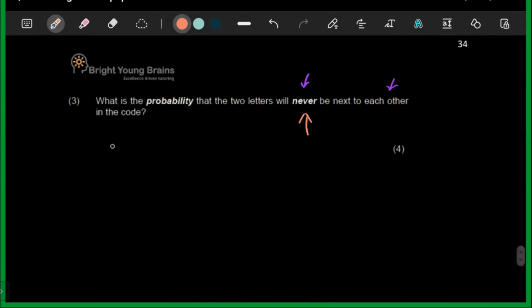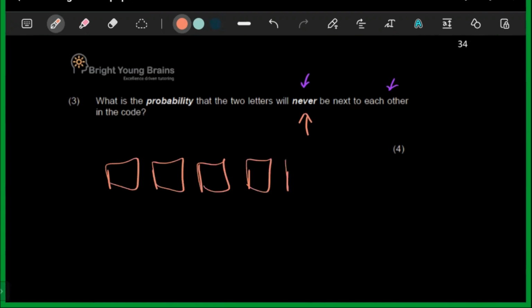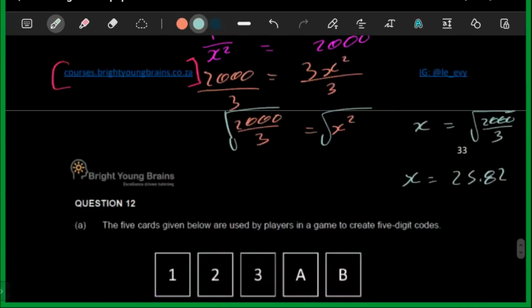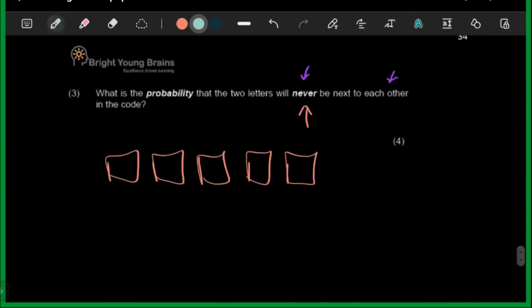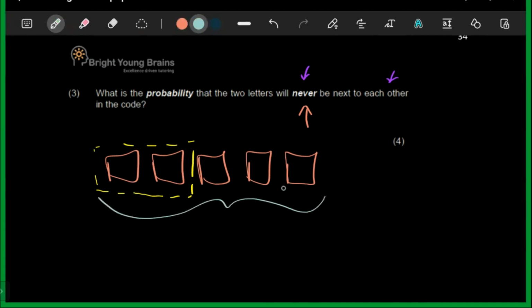So let's see the number of arrangements where A and B will be next to each other, because those are the letters in the codes. So what you do is you visualize your A and your B pasted together. Now, the number of arrangements where this is pasted together, you can technically arrange your values here in 1, 2, 3, 4 factorial ways.